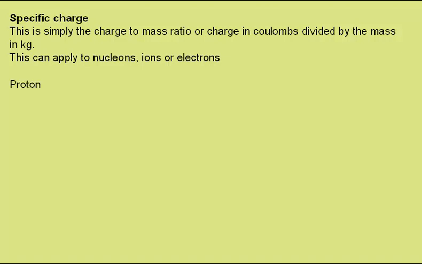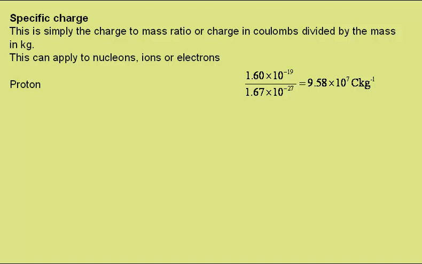Let's look first at the proton. Well, we showed earlier that the proton has a mass of 1.67 times 10 to the minus 27 kilograms and a charge of 1.6 times 10 to the minus 19 coulombs. So it has a specific charge of 9.58 times 10 to the 7 coulombs per kilogram.